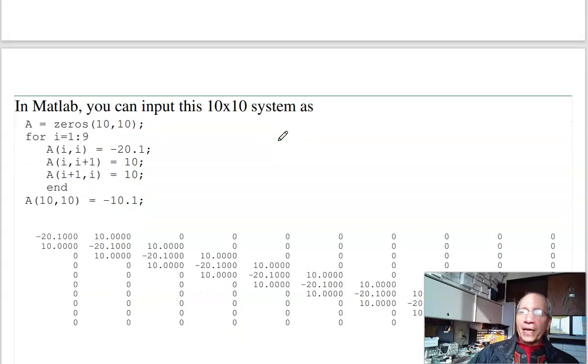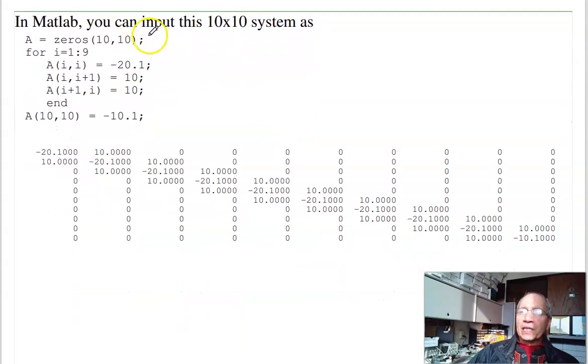Let's see what those are in Matlab. In Matlab, I can input that 10 by 10 system. Most of the terms are 0, so I'll input that as a 10 by 10 matrix of zeros. The diagonal terms are minus 20.1, off-diagonal terms are 10, and the oddball right here is minus 10.1.